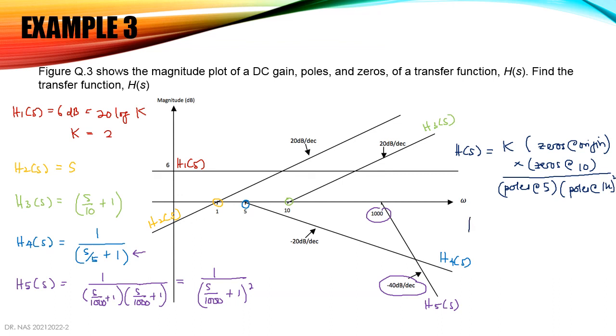So therefore your H(s) equal to, your K just now is 2, and then you have zeros at origin s, and you have zeros at 10, so s divided by 10 plus 1, divided by poles at 5, so s over 5 plus 1, and you have poles at 1000, s over 1000 plus 1 squared.